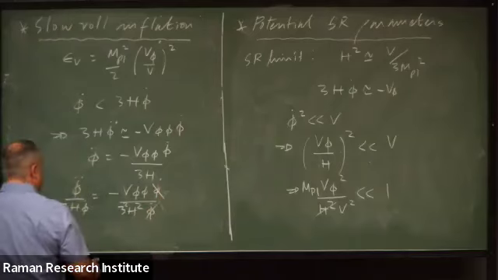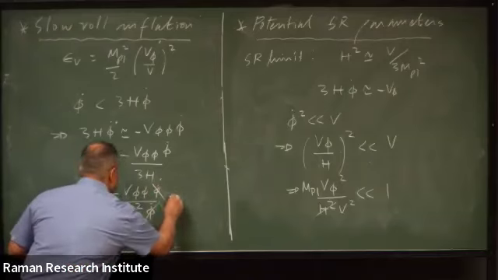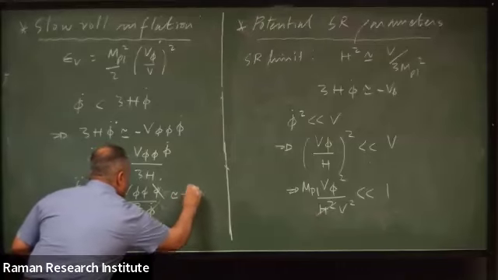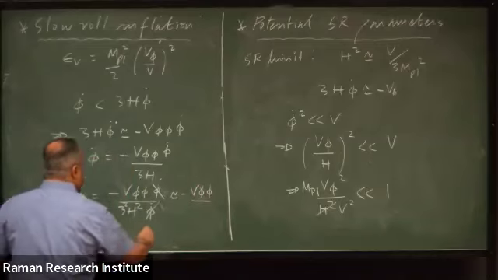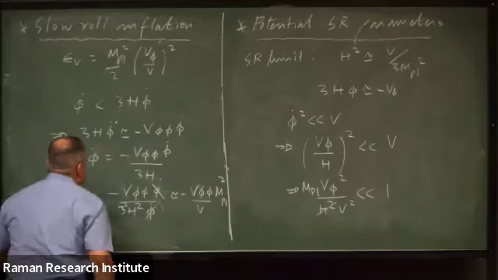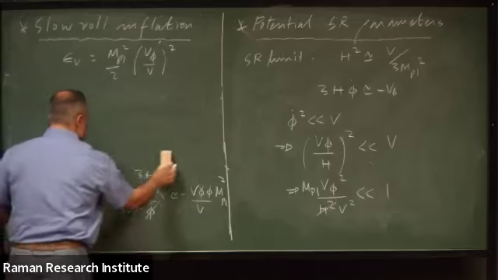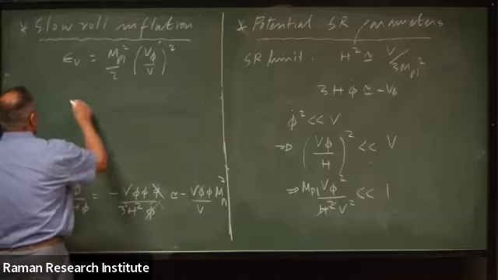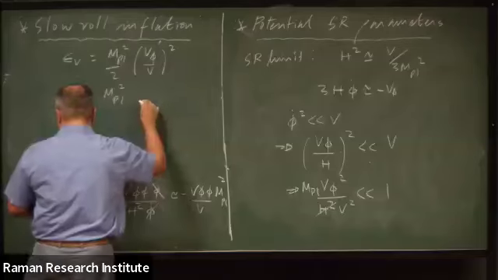If I ignore factors of 3, this is like minus V phi divided by H squared, and H squared is V by MPL squared. So I construct my second slow roll parameter. I hope it's clear. So I have eta V, V phi.